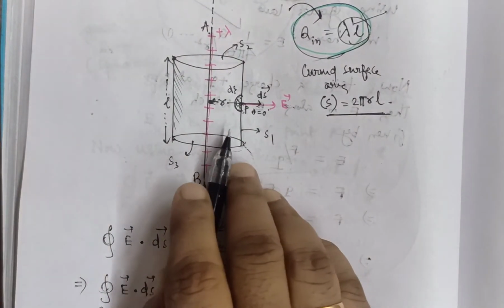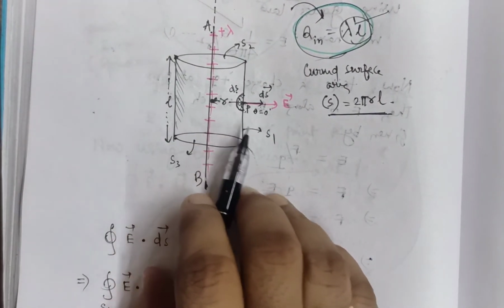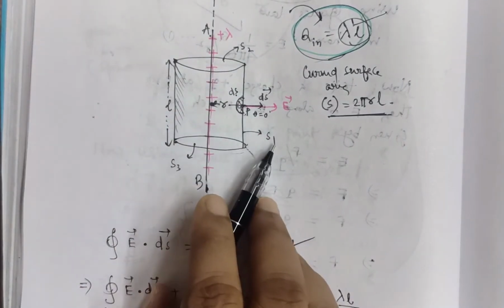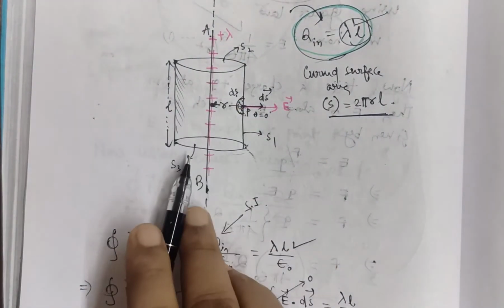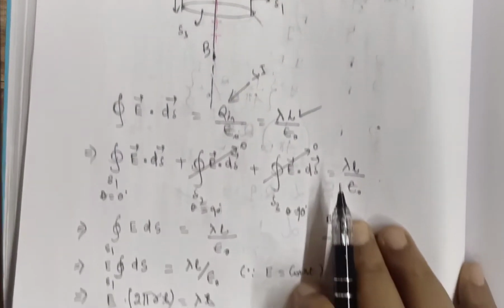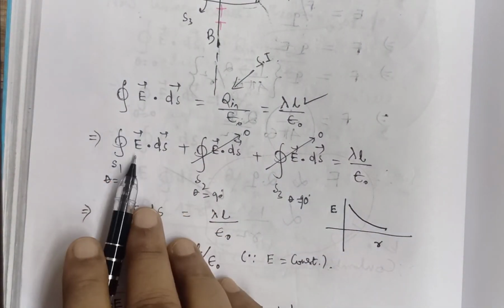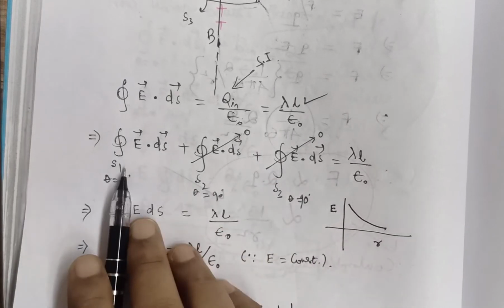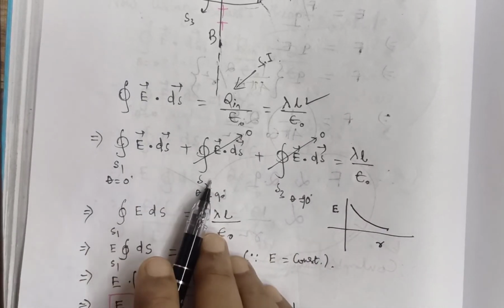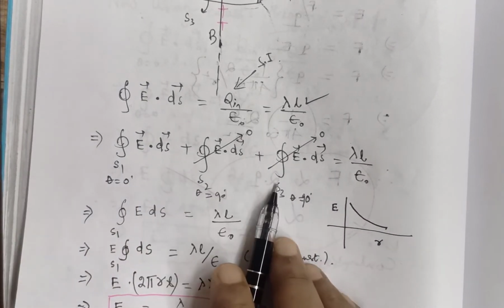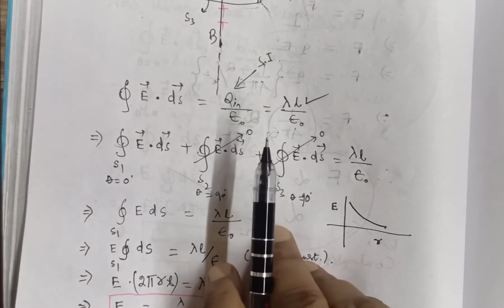Now you see this figure, this total closed surface is divided into three parts: surface S1, surface S2, and surface S3. So you see the mathematical expression, the total integration is divided into three parts. One is for surface S1, one is for surface S2, and another one is for surface S3.